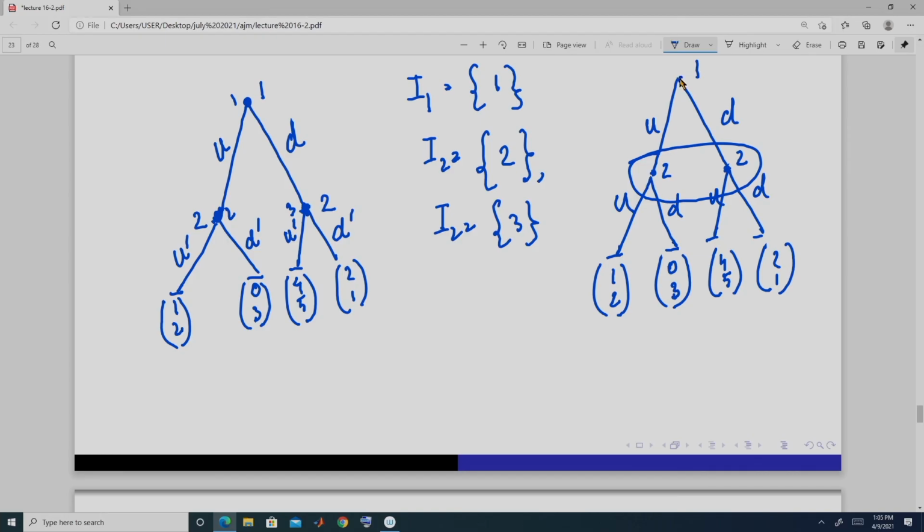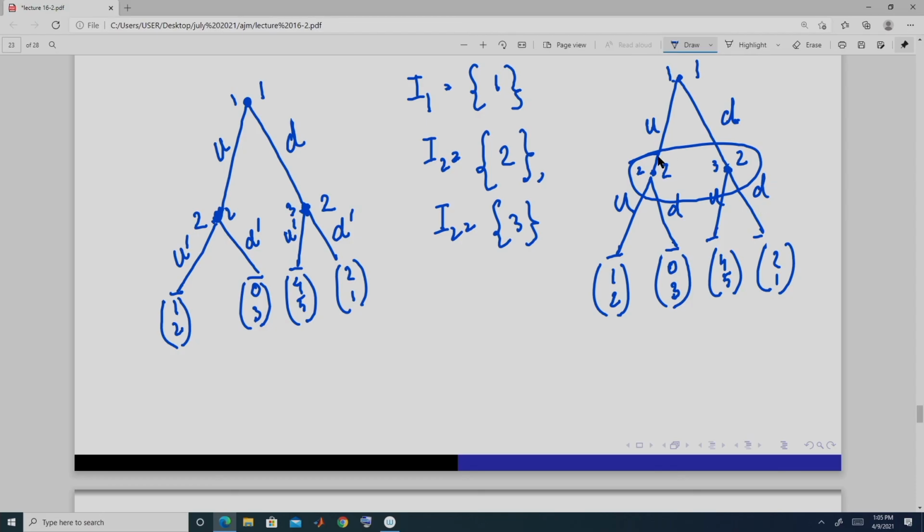So here player 1's information set is only this node, that is node 1, this node is node 2 and this node is node 3. Okay. So, but here player 1 can choose U or it can choose D. If it has chosen U, player 2 is in this node. If it has chosen D, it is in this node. The game may move in this path, again the game may move in this path.